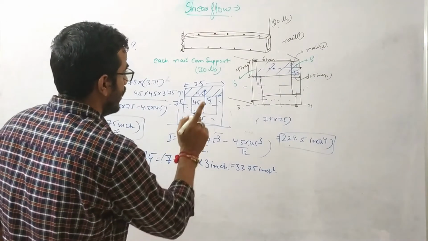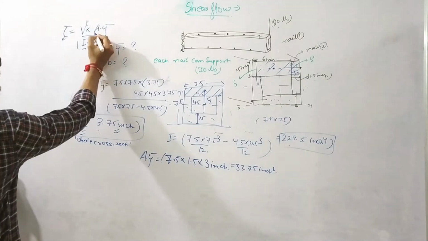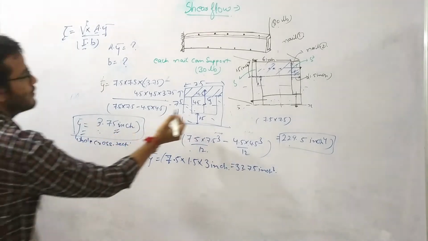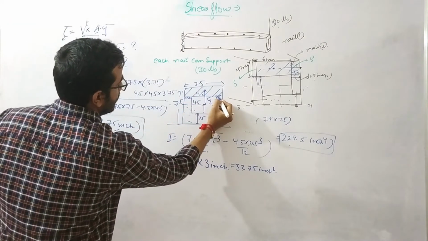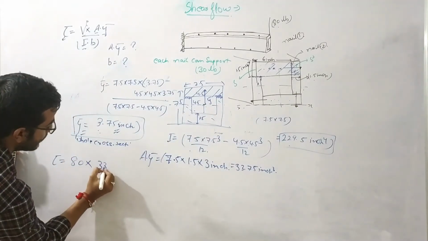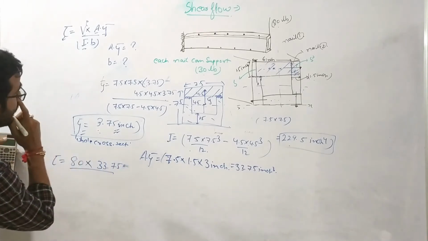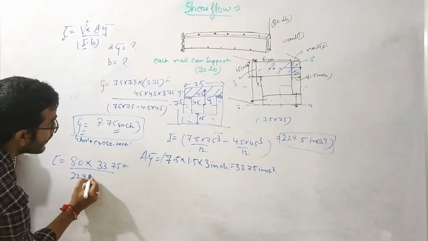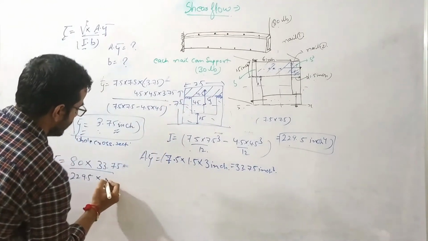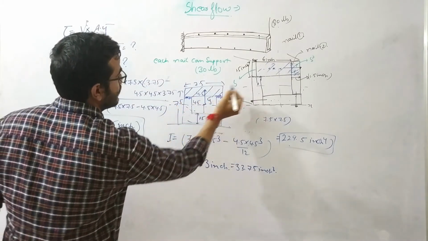Now I know the value of A y bar, and V is given. So tau, the shear stress at this location, will be V, which is 80, times A y bar, 33.75, over I, which is 229.5, into B. B is the important thing. As we have already discussed, it is 2 into 1.5, because the resistance is provided at these two junctions.